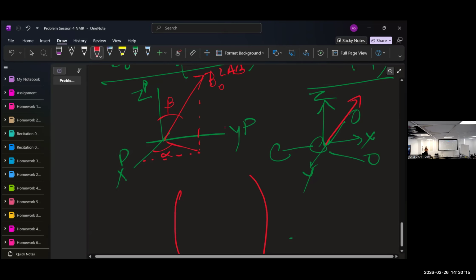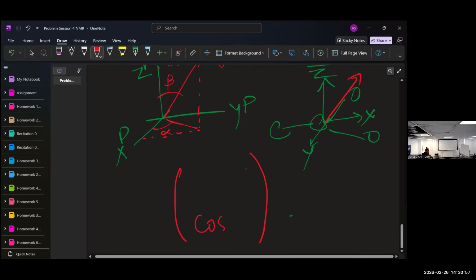Just the red vector, that's the Z-axis of the lab frame, and I want to write its X, Y, and Z components in the PAS frame. First thing I can get is the Z component, right? Given these angles. Cosine beta. Cos beta, yes.